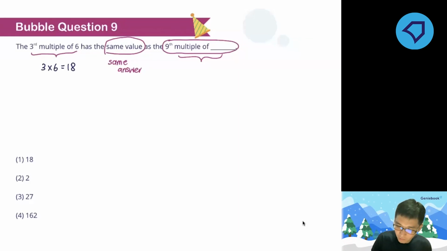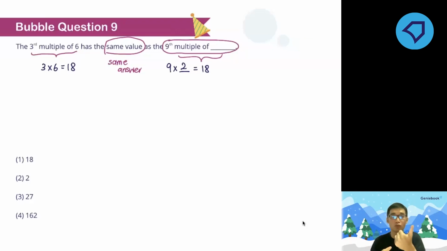So this must also give me 18. And it must be the ninth multiple of blank. So in other words, it is 9 multiplied by blank, giving you 18. This one very simple. 9 times what gives you 18? 2, right? 9 times 2 gives us 18. So therefore, the ninth multiple of 2 is 18.